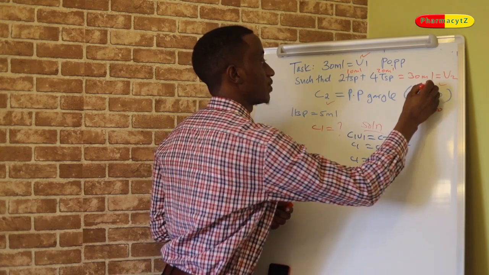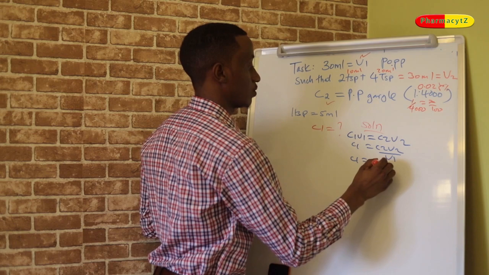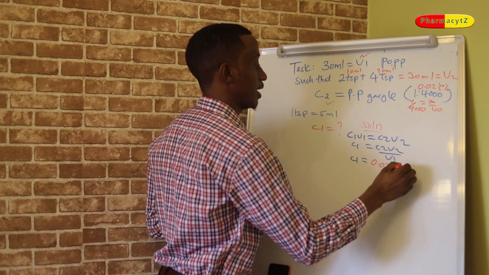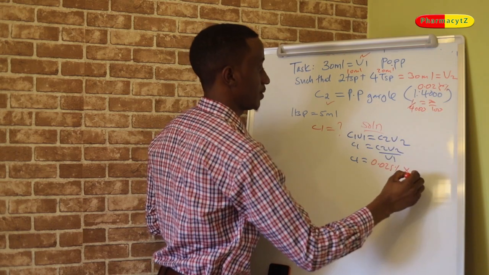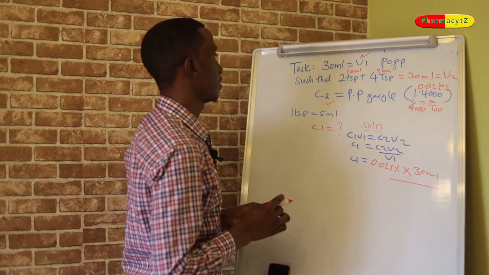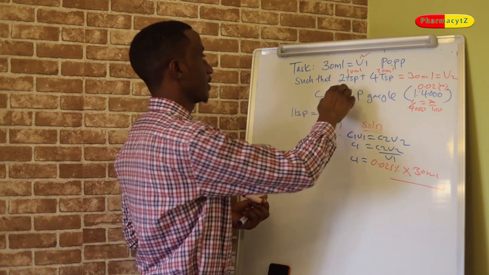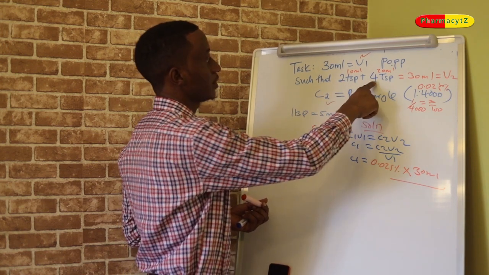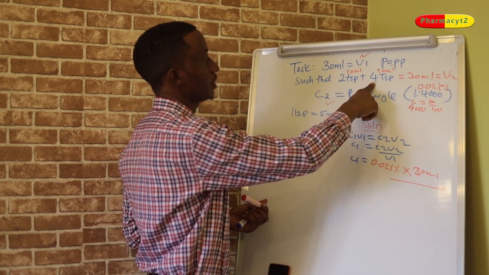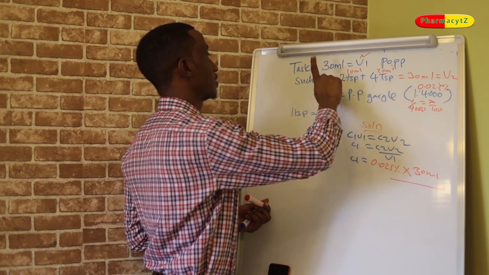This is 0.025%. So 0.025% times volume 2, which is 30, over volume 1.